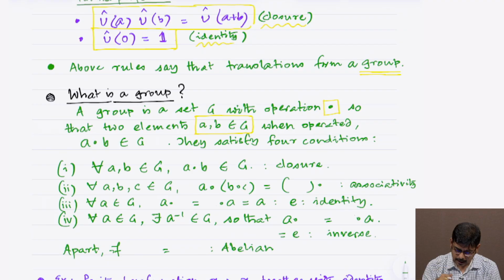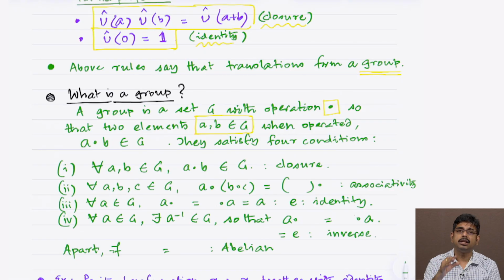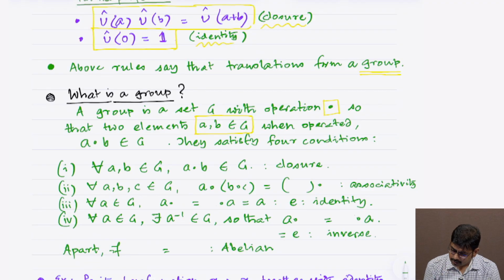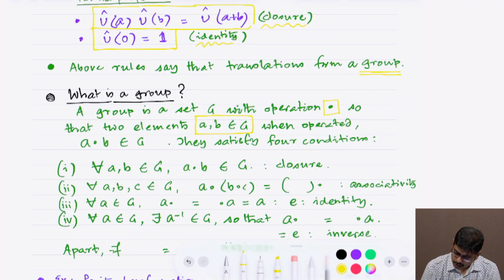So, what operation this is depends on what kind of set you are trying to probe, and there has to be some mathematical operation that you can define on this set of objects. And the point is, if you do an operation between 2 elements belonging to this set and it takes you to a third belonging to the set, that is what is referred to as the closure property of those elements.